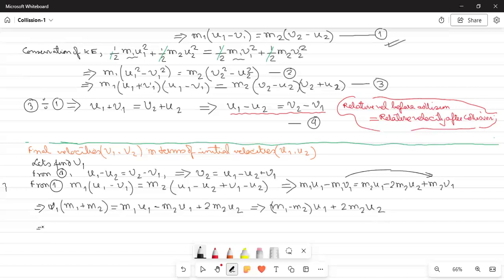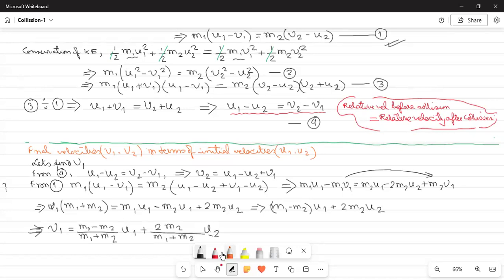From here we find, for V1, the final velocity of the first object, V1 is equal to (m1 minus m2) divided by (m1 plus m2) into u1, plus 2 m2 into u2, divided by m1 plus m2.